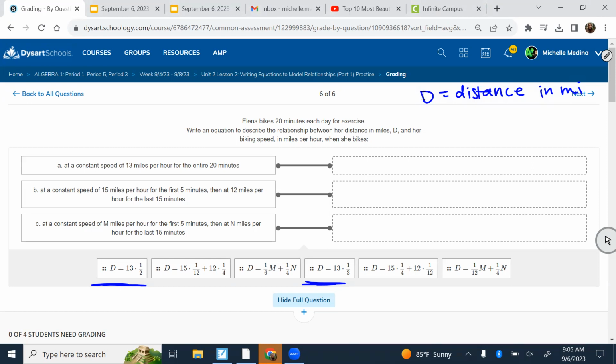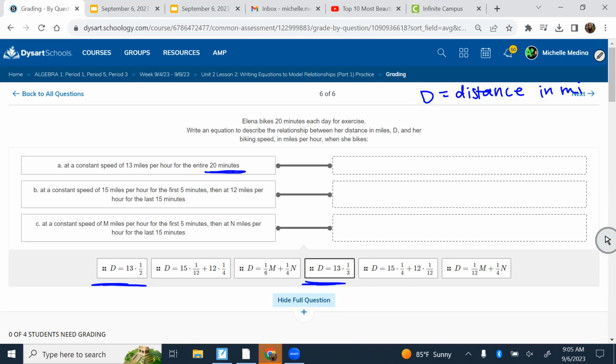So how much of an hour is 20 minutes? An hour is 60 minutes, so we can't just multiply 13 times 1, because she's only going 20 minutes. She is going 13 miles an hour, but if she's only going for 20 minutes, how many miles is she actually going? A third of that. So I'm thinking that it's this one.